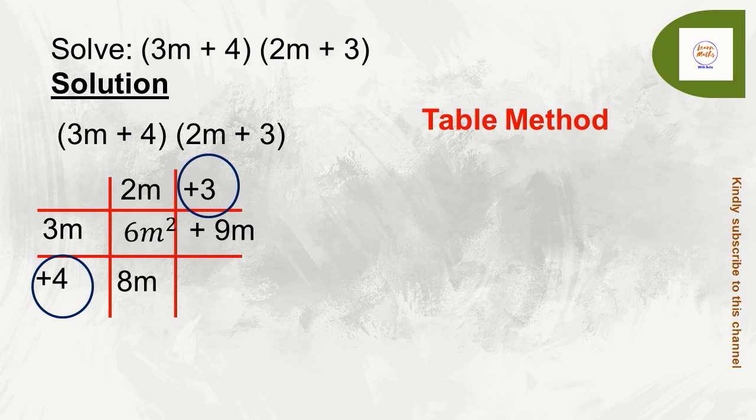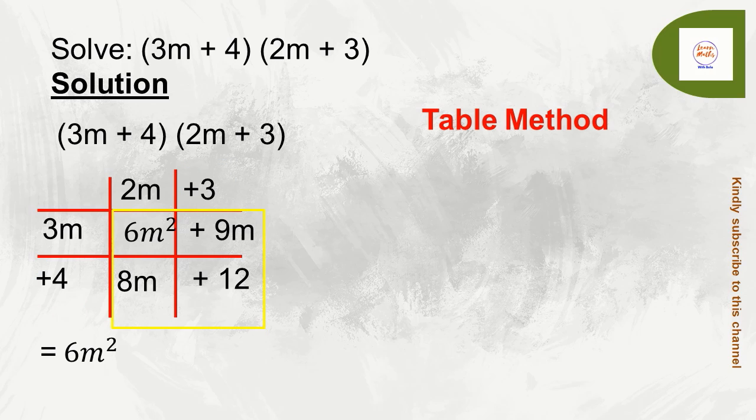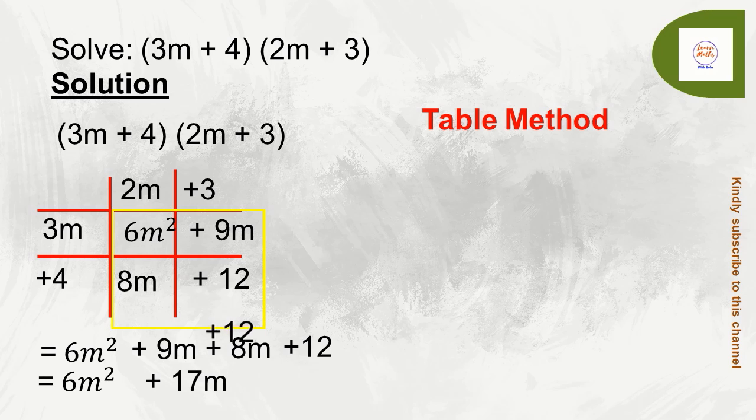And we have plus 4 and the second number to have plus 12. So the next thing is to write everything out, and that is 6m squared plus 9m plus 8m plus 12 to give us 6m squared plus 17m plus 12. So it is as simple as this. So those are the three methods of expanding your expression.